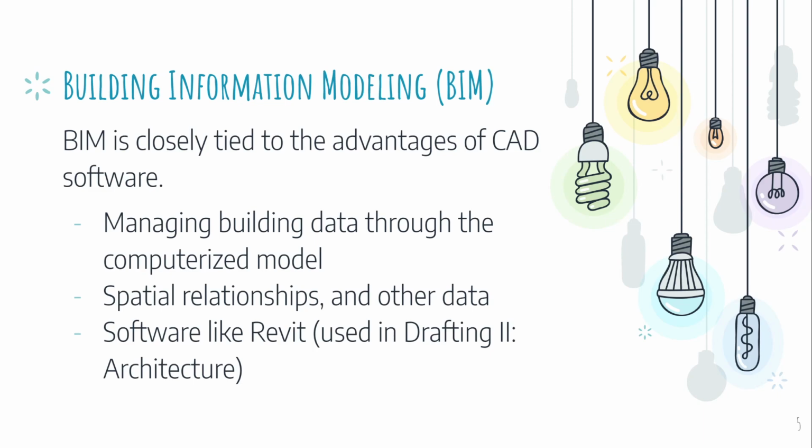So there are lots of different pieces of data associated with those BIM models, and that's where the information part comes in. So you can do a cost analysis based on just what materials are purchased, and what types of windows are being used, and square footage, as well as all of these other different kinds of analysis based on energy and things like that.